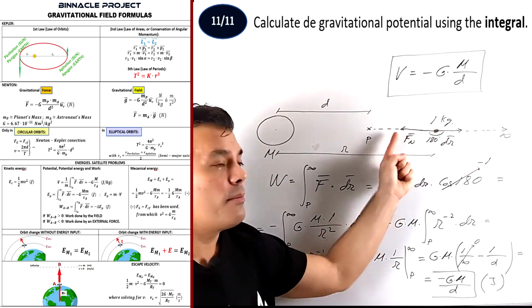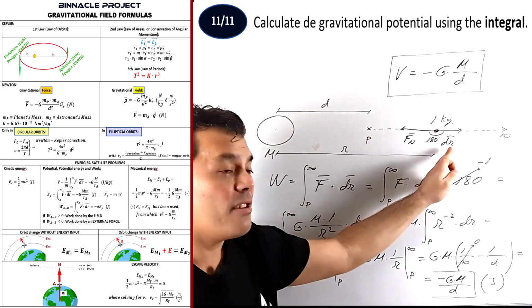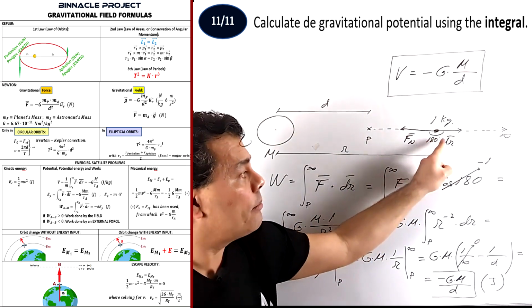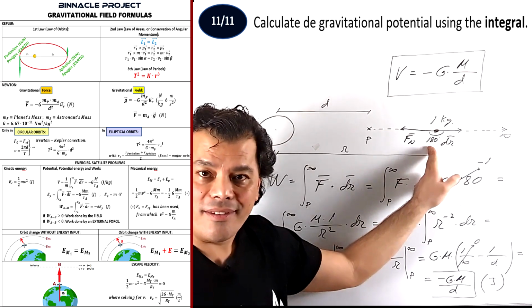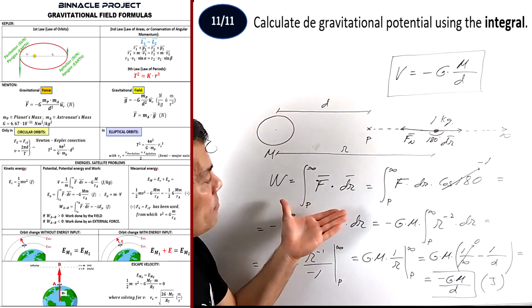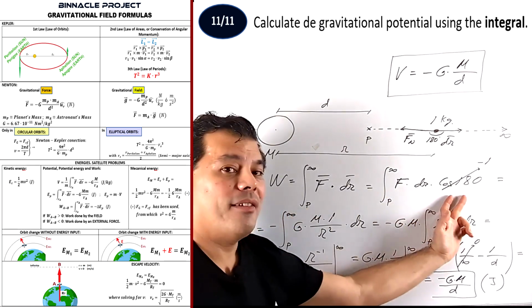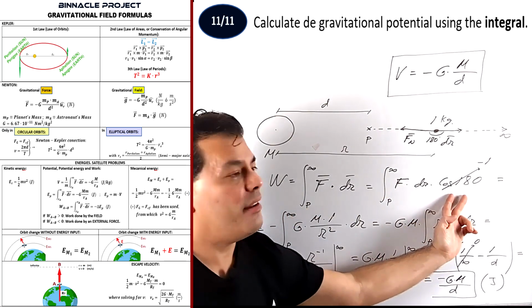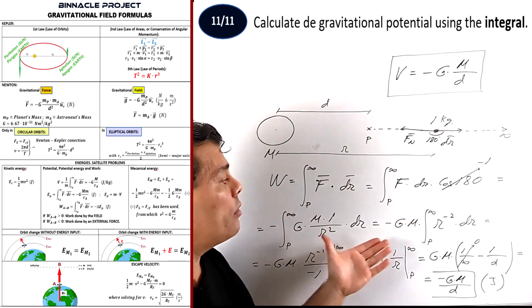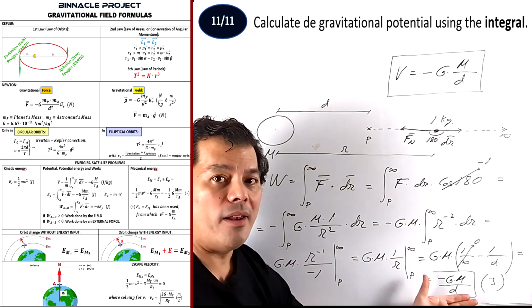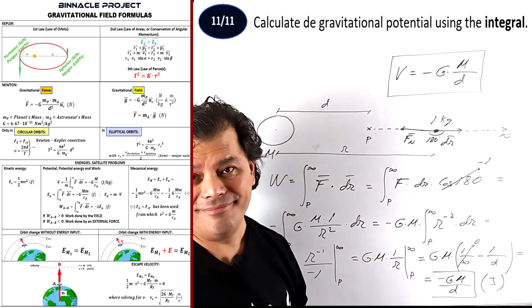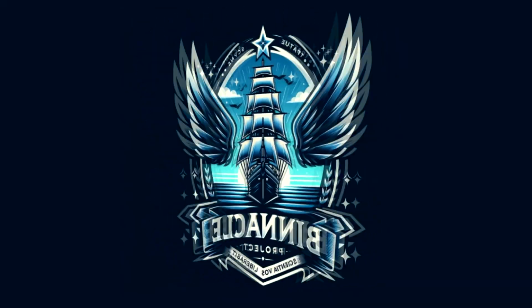Newton's force pulling back and displacement vector. The angle between them is 180. And then we've placed properly the definition of work. Don't forget that the cosine of 180 is -1, and then we slowly solved the integral. That's the way.